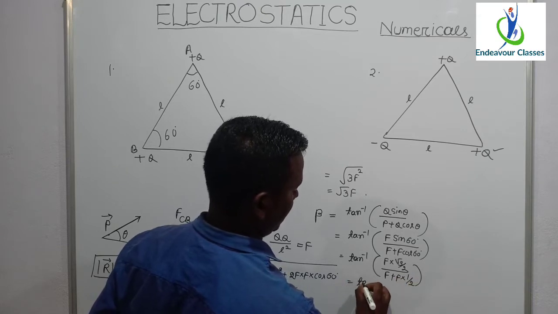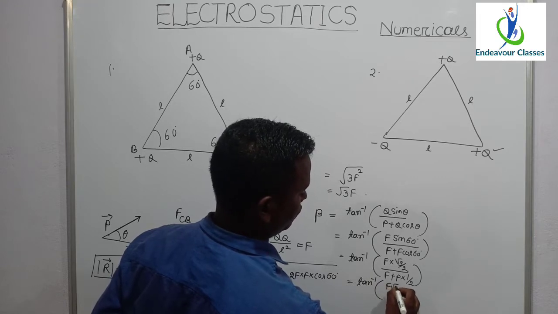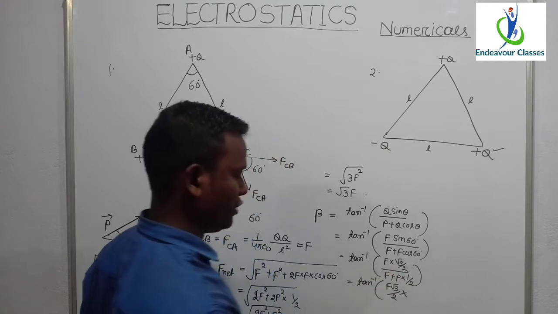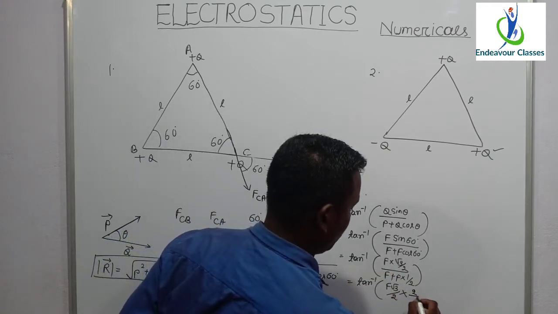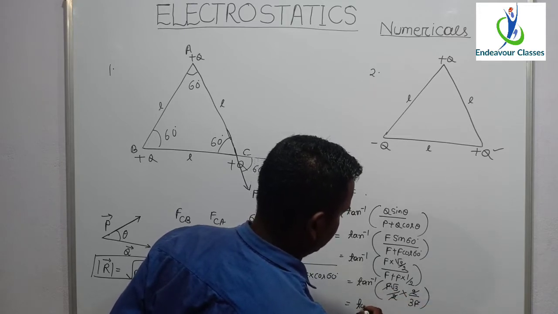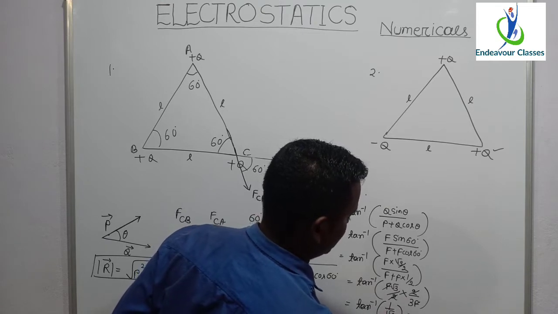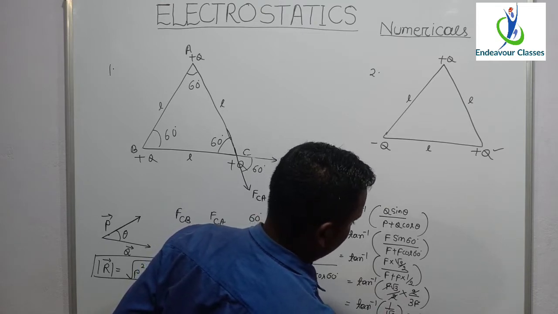So that will be equal to tan inverse F root 3 by 2 into, so this will be 2F plus F, 3F by 2, that is 2 by 3F. So 2 will be cancelled, F will be cancelled, and that will give us tan inverse 1 by root 3, which is equal to 30 degree.